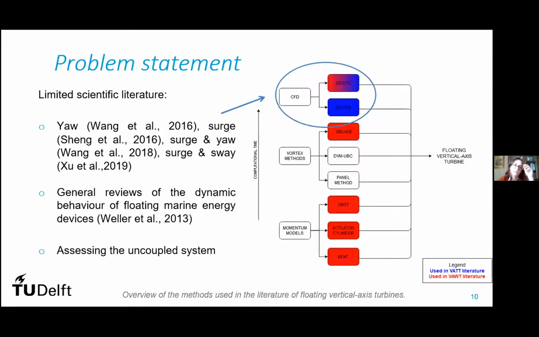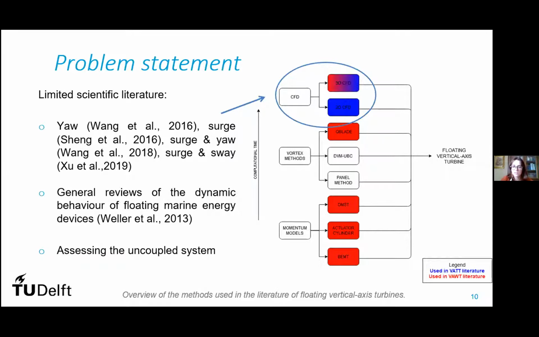However, the scientific literature about this topic is very limited. Mostly CFD simulations have been conducted about the hydrodynamics of floating vertical axis tidal turbines, especially in 2D, so about yaw, surge, and sway. Compared instead to floating vertical axis wind turbines, which have been dealt with more extensively in the research.